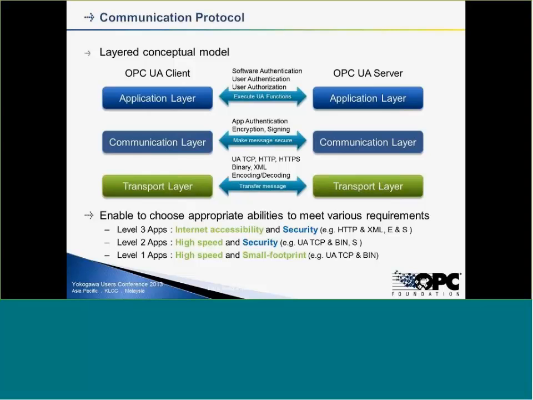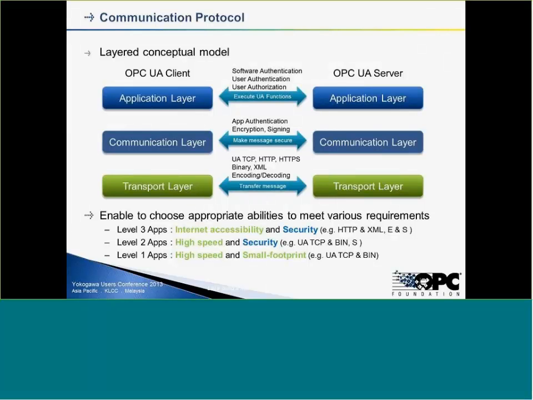At the upper layer, as far as communication goes, there's actually application authentication and encryption and signing of the messages that allows for a secure way for passing information between the client and the server. And then at the application layer itself, we actually do user-level authorization and authentication and application authentication.